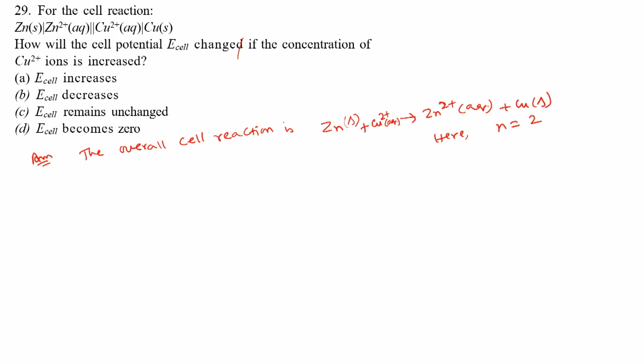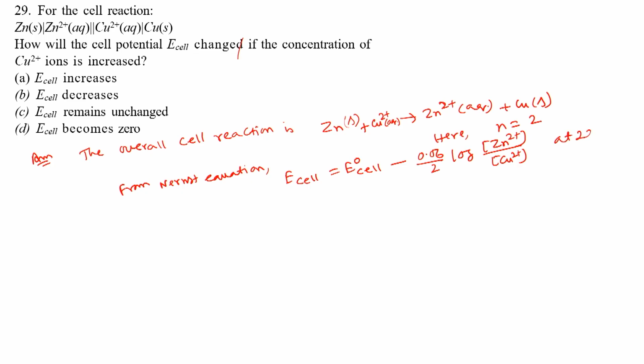Here n is 2, the number of electrons involved. So from the Nernst equation, you can write E cell will be E naught cell minus 0.06 by 2 log concentration of Zn2 plus by concentration of Cu2 plus at 298 K. This is the expression we need to consider.